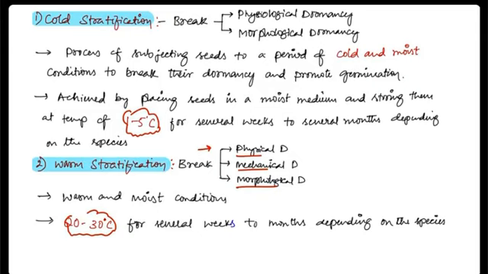So this will be dealt in the next class. Once this is done, I will shift my focus to my favorite field of seed science and technology, that is seed legislation and certification. I can bet you won't know most of the things, or you will have a lot of doubts in those cases.